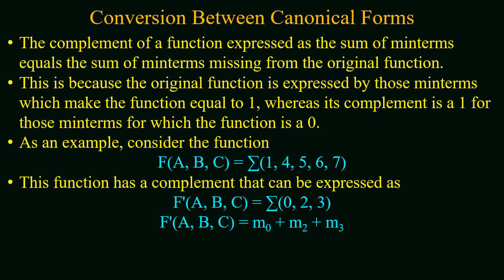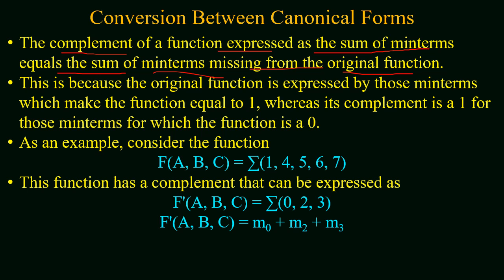Now we will study the complement of a function using canonical form. Like we studied earlier, if we have a function which consists of a sum of minterms, and if we wish to find the complement of the same function, then it will consist of the sum of minterms which were missing in the original function.